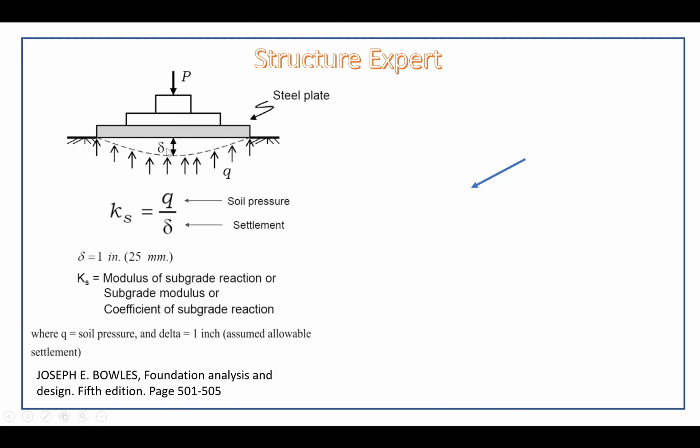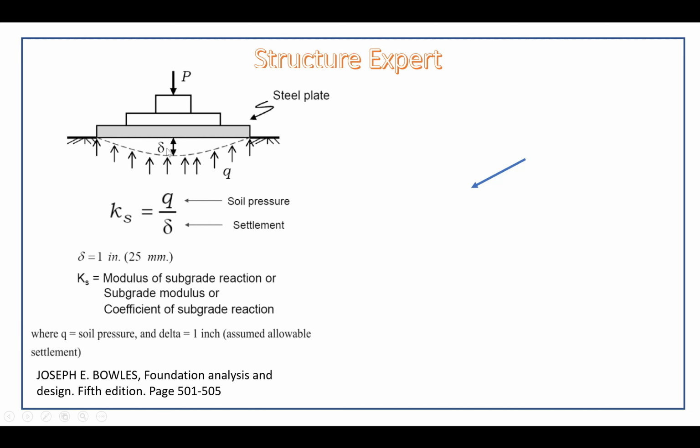According to Joseph E. Bowles, Foundation Analysis and Design, 5th edition, you can open the book on pages 501 to 505, which talk about this topic, how to determine the modulus of subgrade reaction using the formula. The experiment formula is in inches, and we convert it into millimeters.